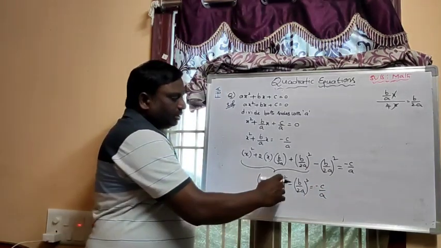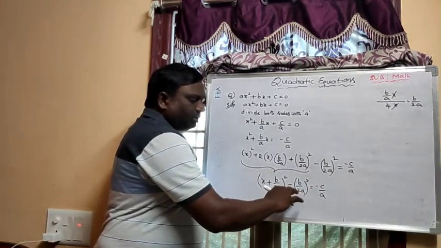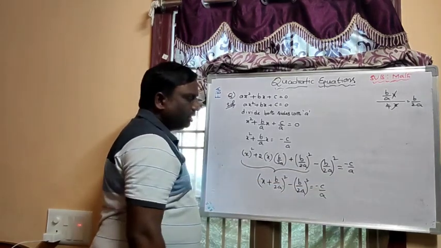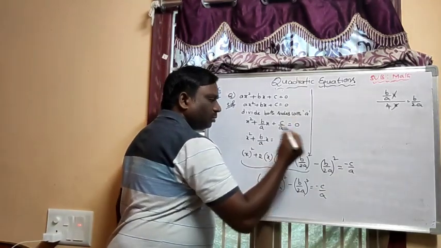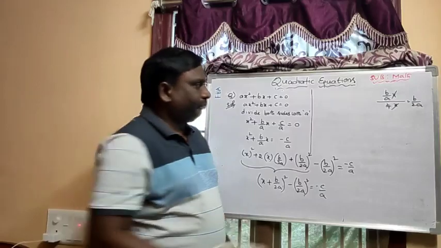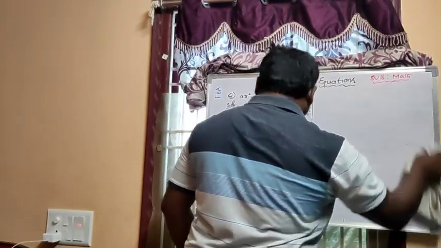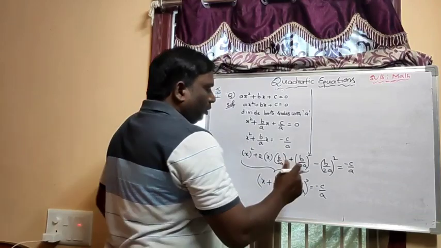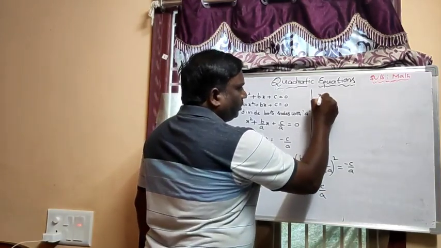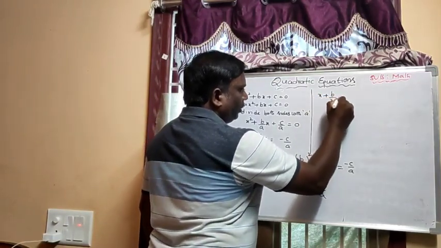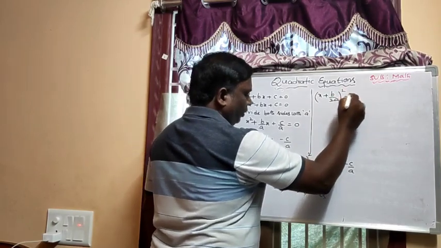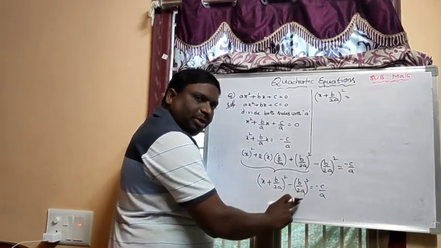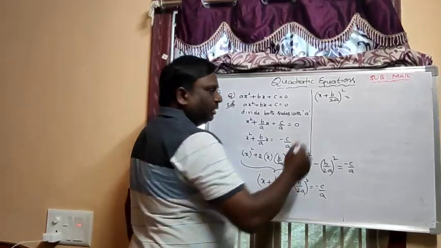The next step, I will take this minus term to the other side. So now, this one, (x plus b by 2a) whole square equal to, now I am taking this minus (b by 2a) whole square to the other side.